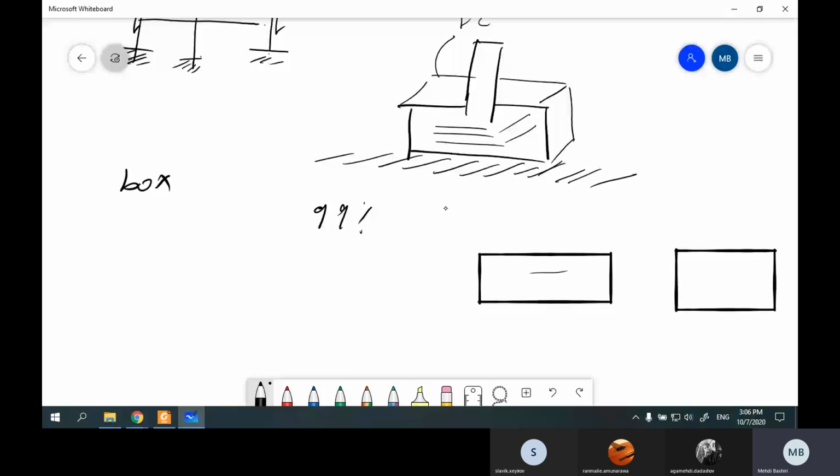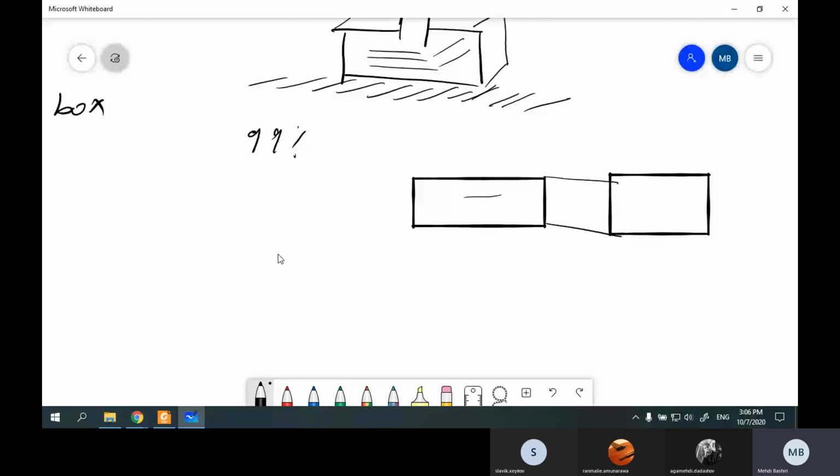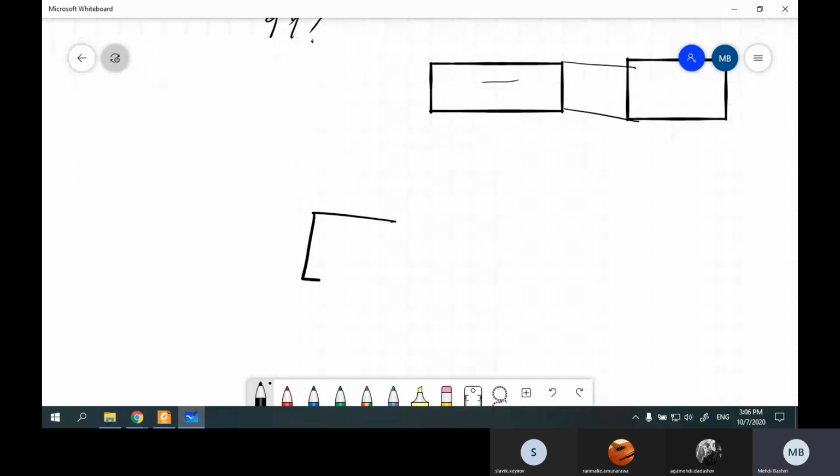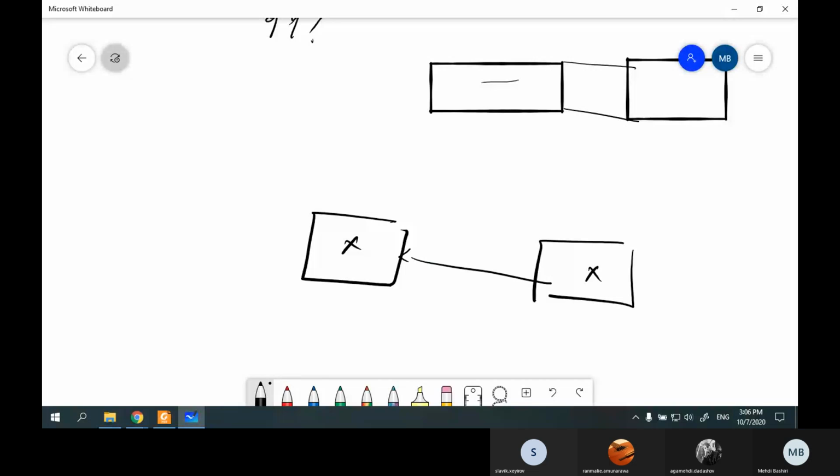If not, you have to use mats or strip or whatever. This is a plan view or top view. For example, this is your column, and this is another column. If you can satisfy the spacing between these two foundations, it's better to use two isolated foundations.